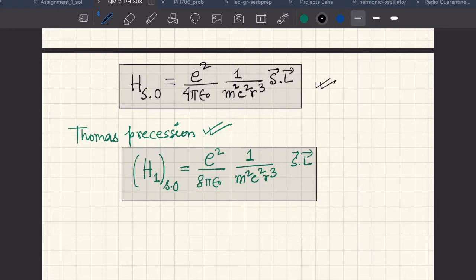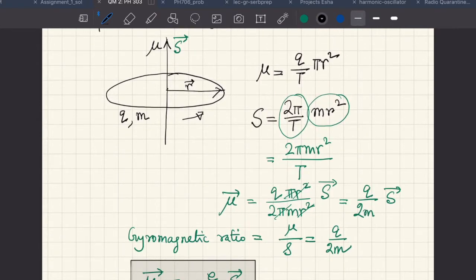Now, it is not too surprising that the naive classical model gets the gyromagnetic ratio wrong. As I have already mentioned, the derivation of this g factor will give you the correct result if you come directly using Dirac's theory of the relativistic electron. So this g factor will give you exactly 2 if you follow Dirac's prescription.